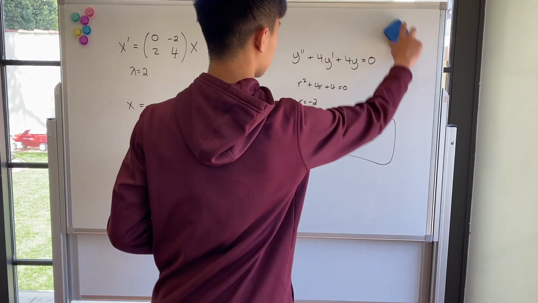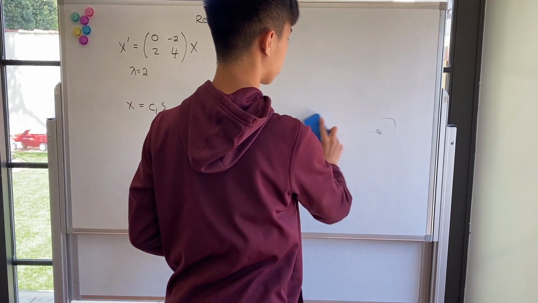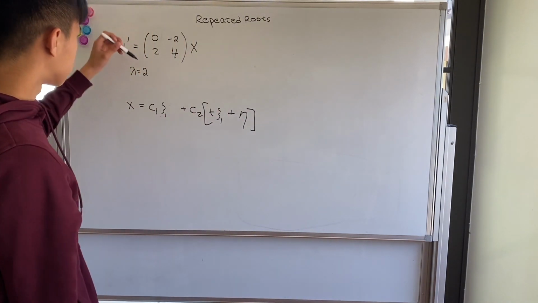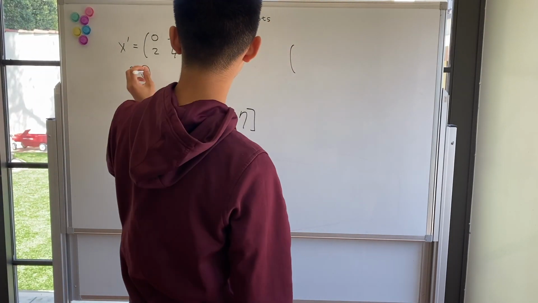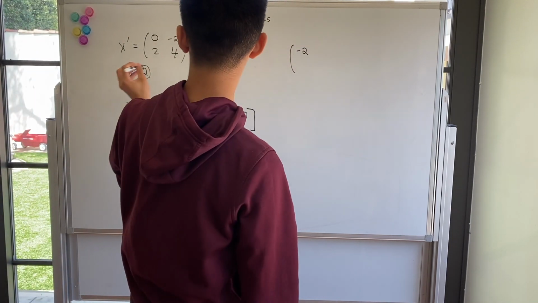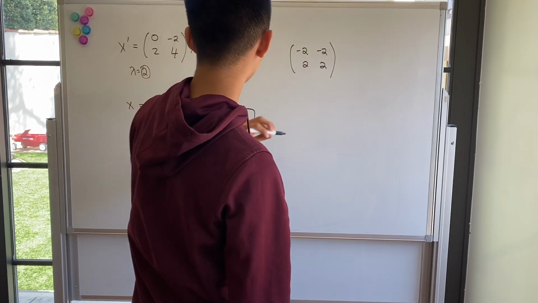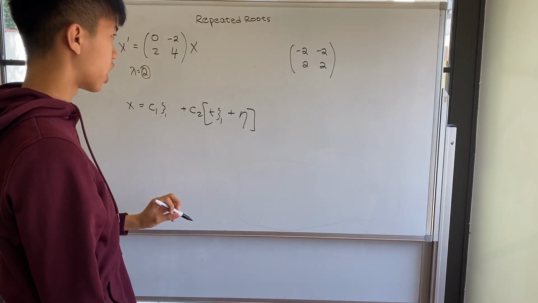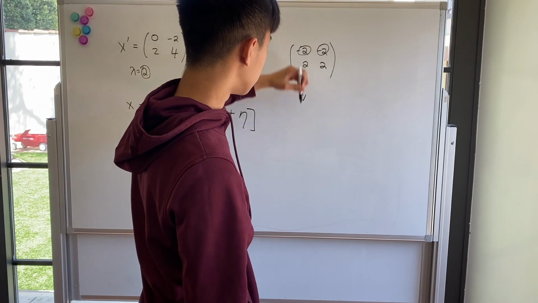So, in order to find the generalized eigenvector, first of all, we must subtract 2 from the a and d entries again. So we have -2, -2, 2, and 2. Then we need to find the original eigenvector, or eigenvector 1. Here we can find that the ratio between 2 and 1 is just 1, 1.